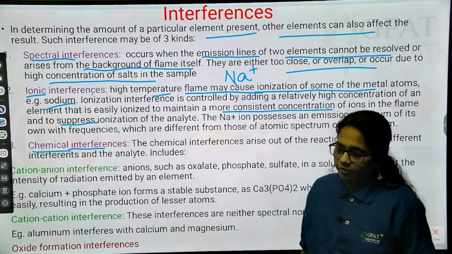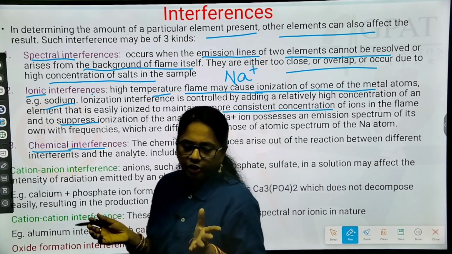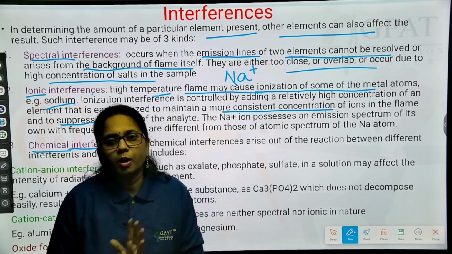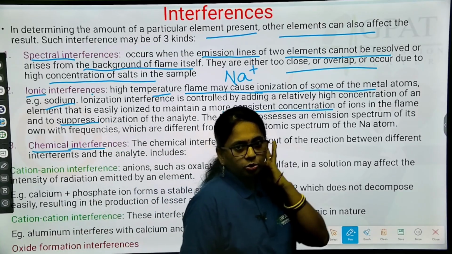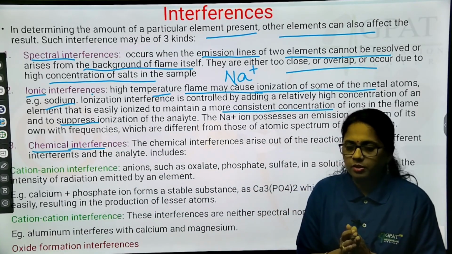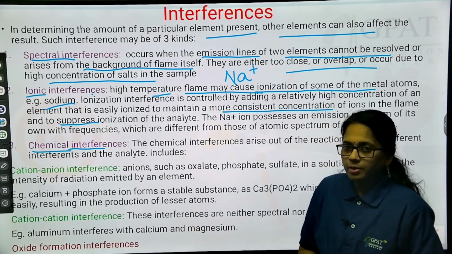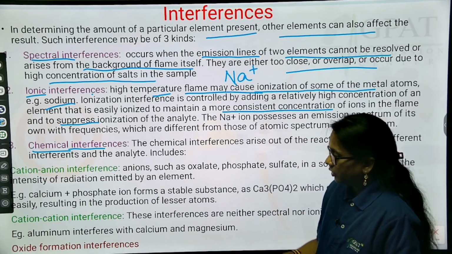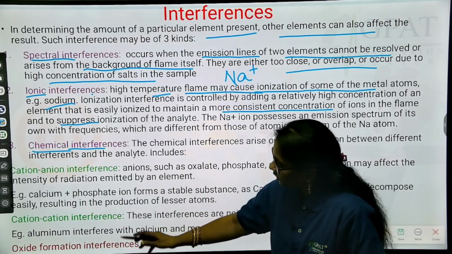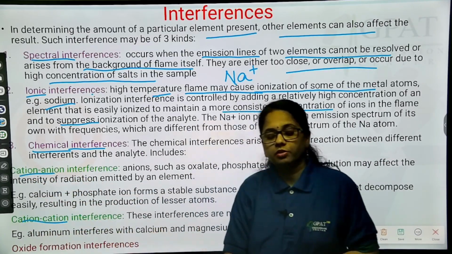Next, chemical interferences. Chemical interferences means whenever different chemical compounds are present, one of the chemicals may react with the other. These chemical interferences are of the following types: cation anion interference, cation cation interference, and oxide formation interferences.